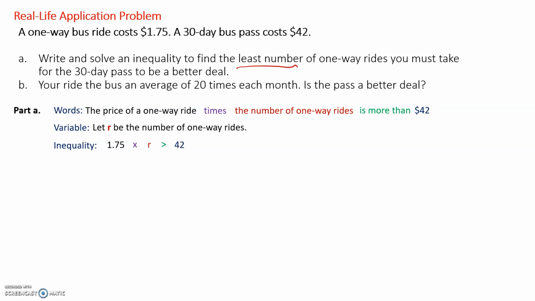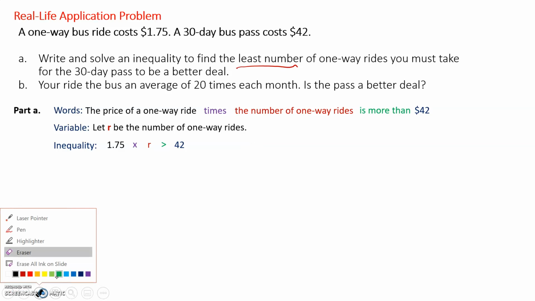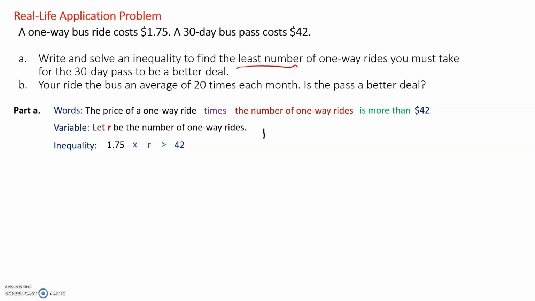Now I'm going to write it out using algebra. I'm going to get rid of that multiplication symbol. So 1.75R is greater than 42.